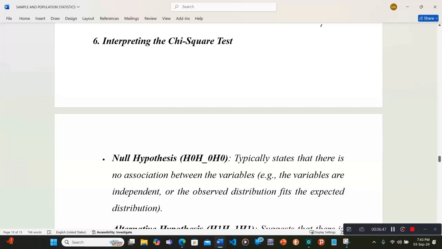How about interpreting the chi-square test? We have the null hypothesis, H0, which typically says that there is no association between the variables, that these variables are independent, or that the observed distribution fits the expected distribution.